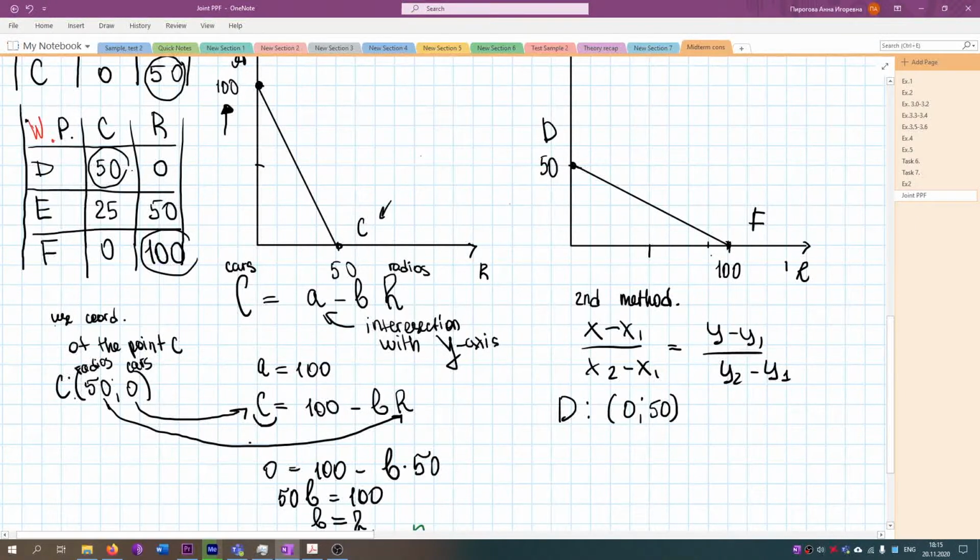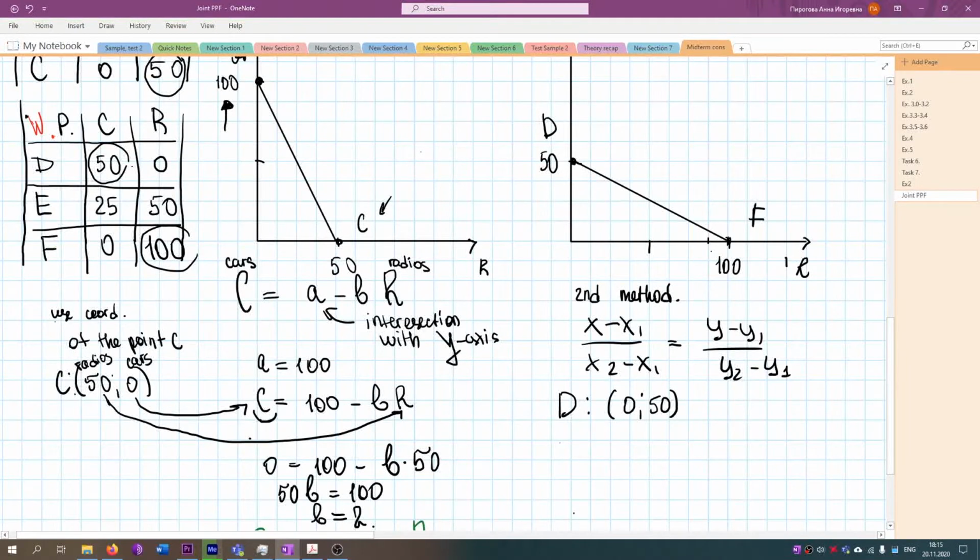So please pay attention that in the table we have firstly 50, then 0, because firstly we have cars and then radios, but on the graph we have coordinates 0, 50, because firstly we take the coordinate from x-axis, then the coordinate from y-axis. So don't make a mistake. And our point F has coordinates 100, 0.